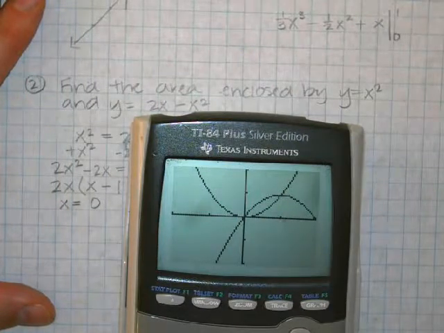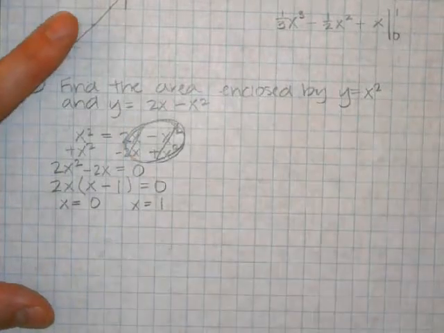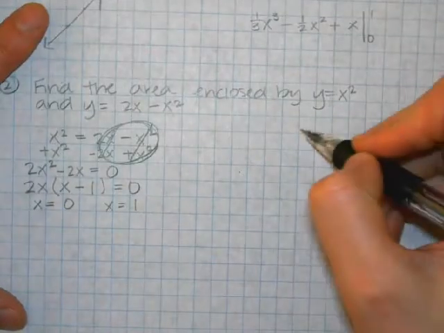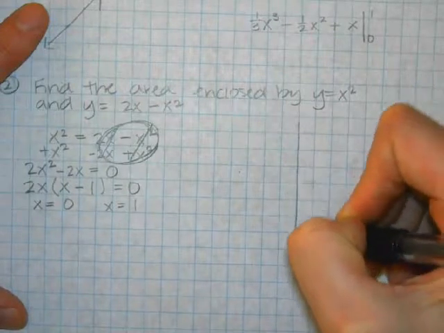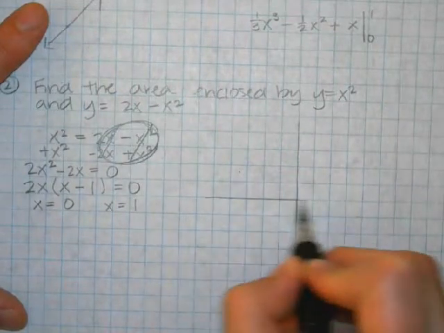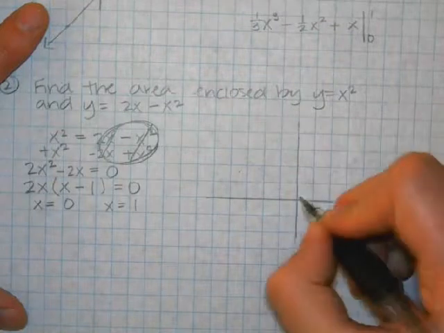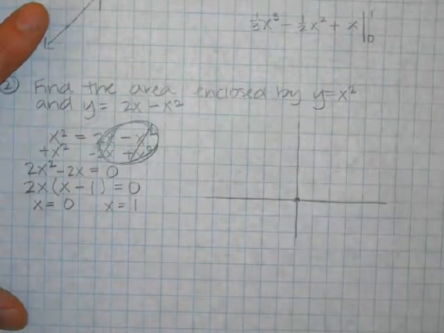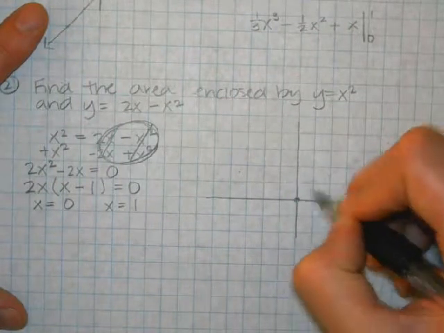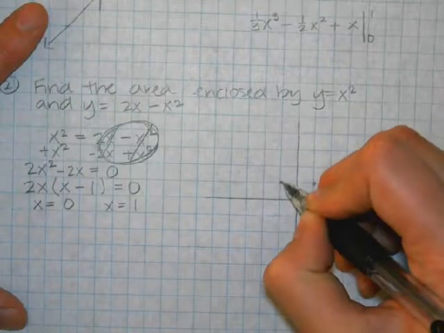We're at the point where we should definitely be drawing a sketch so that we can see what we're looking for. So x squared starts at 0, 0. And over 1, up 1 on both sides.